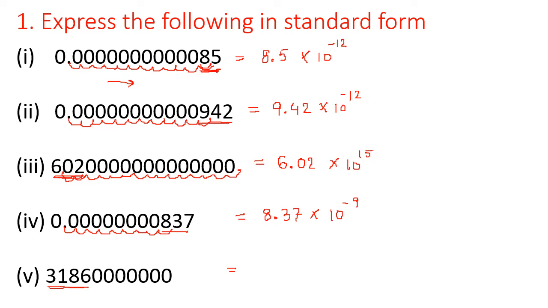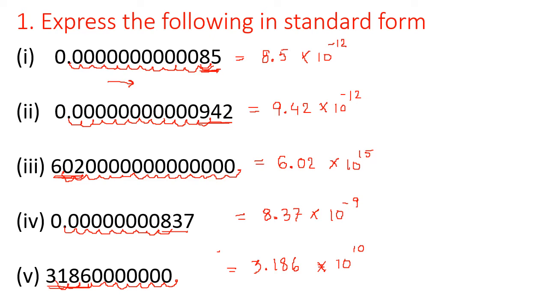So we'll write it as 3.186. No decimals, so we consider the decimal to the end, moving towards the left. 1, 2, 3, 4, 5, 6, 7, 8, 9 and 10. So it is 3.186 into 10 raised to 10.